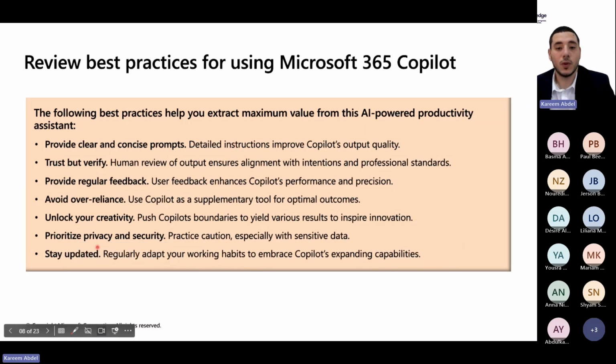Right. So we're going to review some of the best practices of creating effective prompts. As a general guideline, we always want to include within our prompt a goal. So what is it that I'm trying to achieve from Copilot? That is the main ask, the main action that I'd like Copilot to do. So draft a response, generate a report, summarize this email, etc. And then I should follow up with a context.